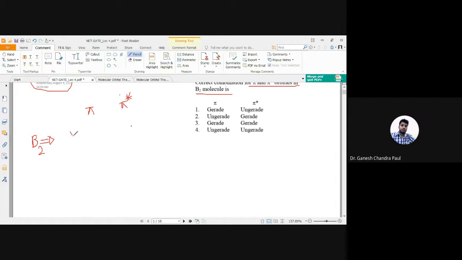It is sigma 1s2, then sigma star 1s2, then sigma 2s2, then sigma star 2s2, then pi 2px1 equals pi 2py1, because they are in a degenerate state.